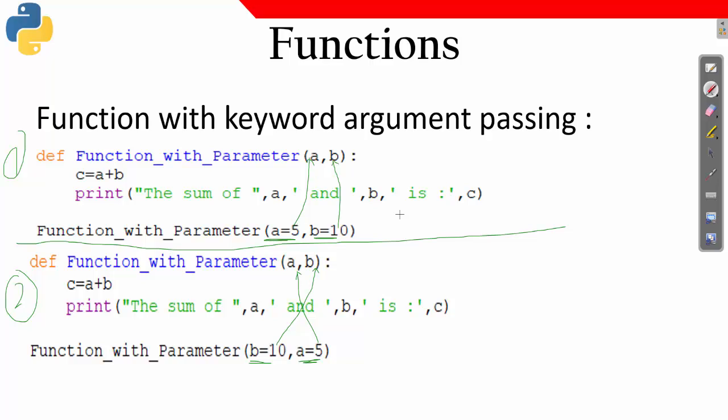But under the previous condition, the ordering is important. When you are passing parameters with values like 5 and 10, then the order is important. But when you are mentioning a equal to some value, b equal to some value, the order is not important.